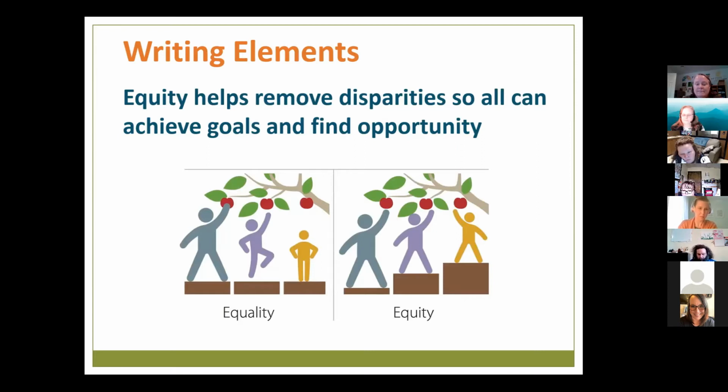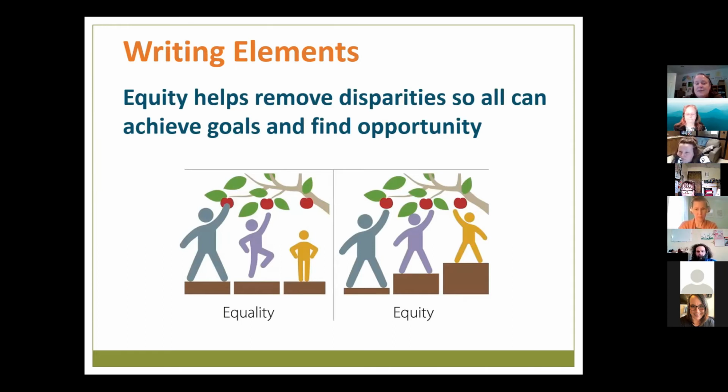Equity, on the other hand, helps remove those disparities. It gives people what they need to make sure that they're actually having the same opportunities, and it doesn't just appear that they are. Yes, everybody is successful under the equity conditions, right?